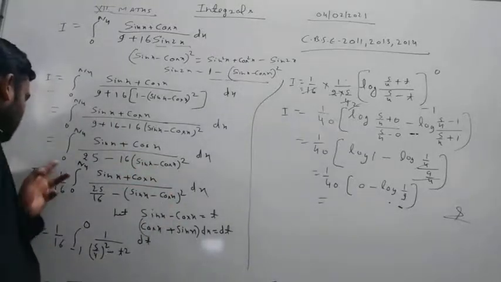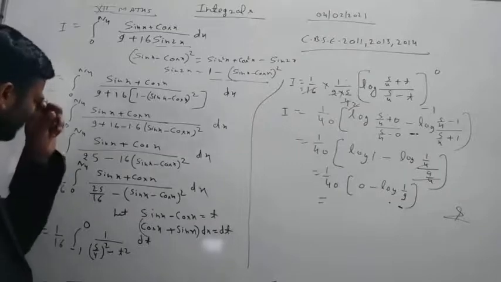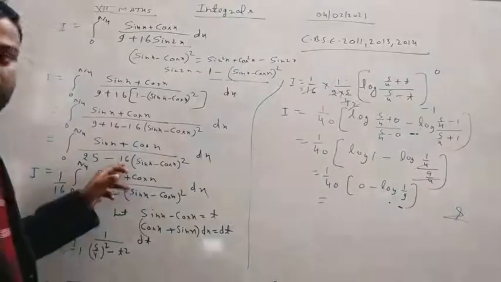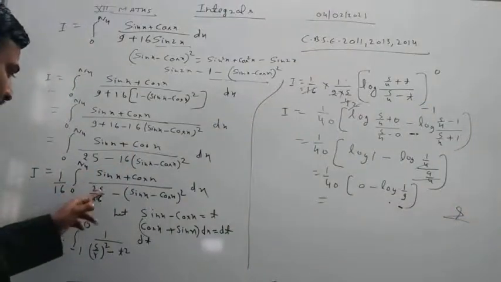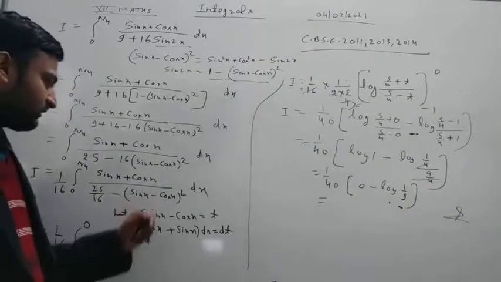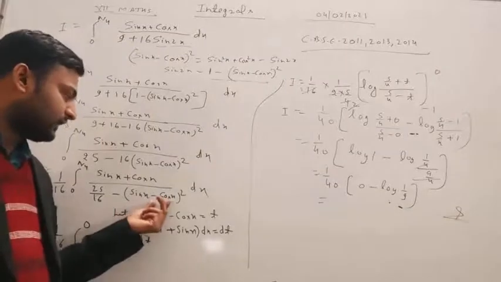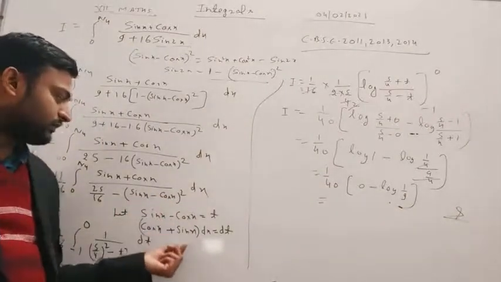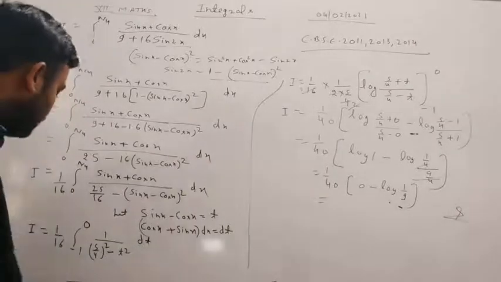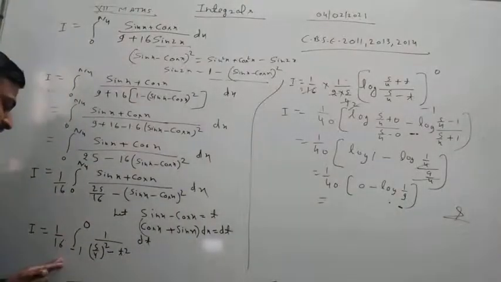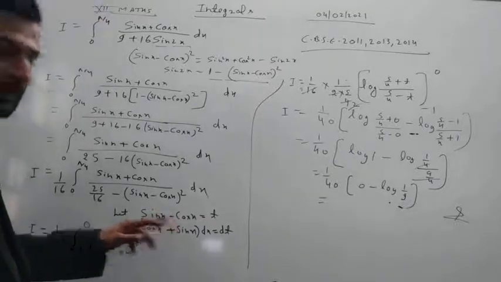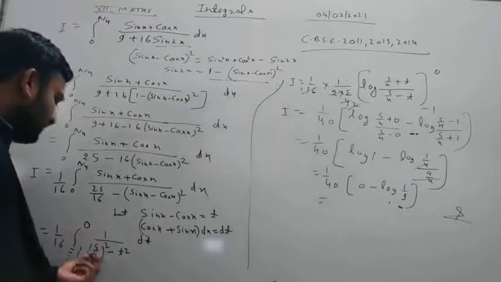So I is equal to 1 by 16, integral from 0 to pi by 4 of (sin x plus cos x), and taking 16 outside, we get 25 by 16 minus (sin x minus cos x). Now supposing that this is equal to t, so (cos x plus sin x) dx is equal to dt, and I is equal to 1 by 16, and its limit changes, so it will be minus 1 to 0, and this is a square minus x square.